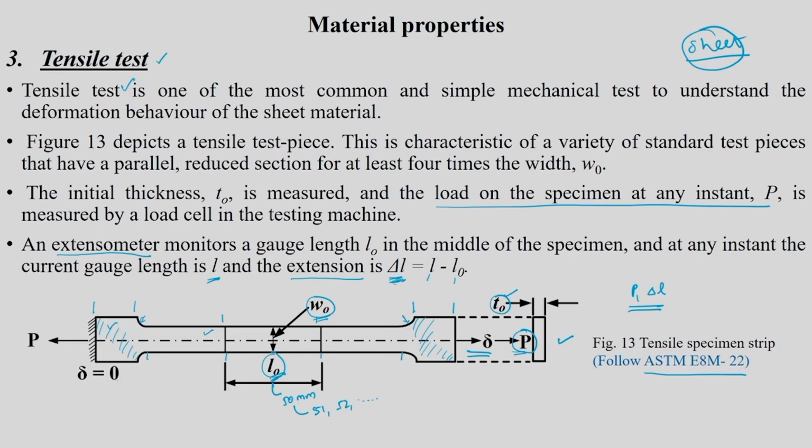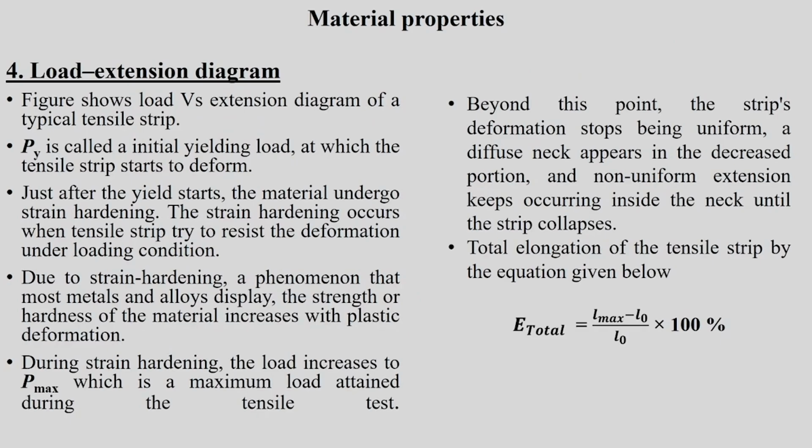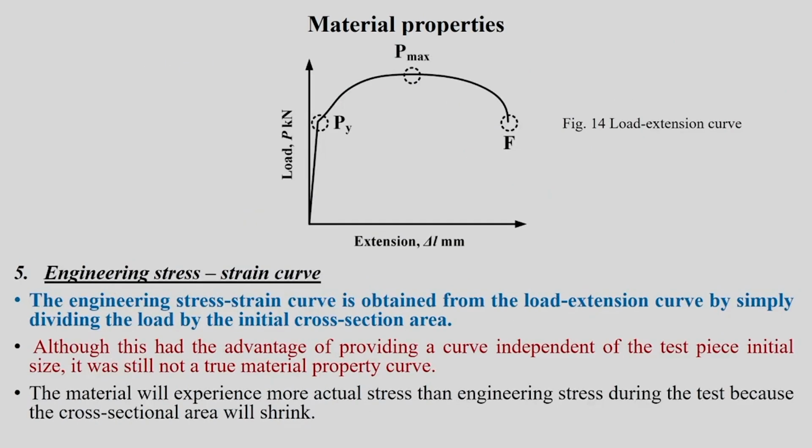Okay. So, my next slide will show you the details about the load extension diagram, which I have given here. Okay. Whenever you do a tensile test of a typical metallic material, you will get a load and extension curve like this. Okay. So, load is on the y axis, and you can imagine the unit is kilonewton, and extension, delta L, is in mm.